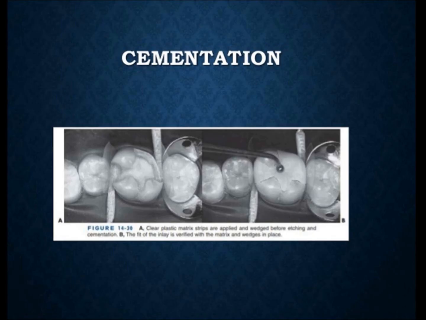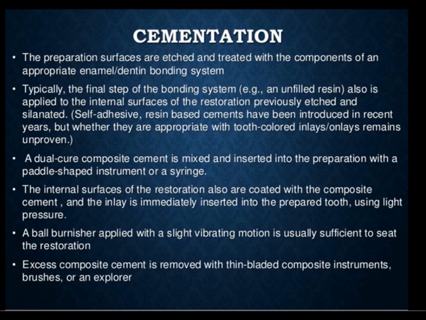Cementation. The preparation surfaces are etched and treated with the components of an appropriate enamel-dentine bonding system. Typically, the final step of the bonding system also is applied to internal surfaces of the restoration, previously etched and silanated.